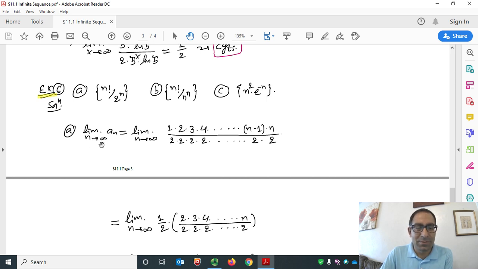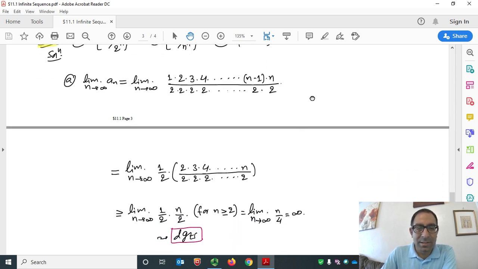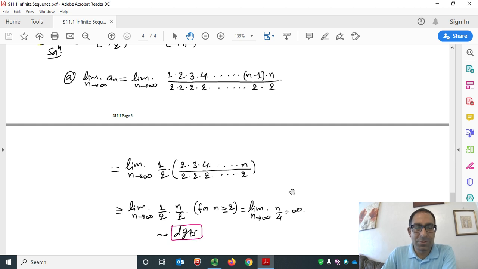So the limit as n goes to infinity of a_n equals the limit as n goes to infinity of n!/2^n. n! is n times (n − 1) times (n − 2) times ... times 3 times 2 times 1, over 2^n, which is n many 2's: 2 times 2 times 2 times 2. In the next step, we have to do a small trick here.